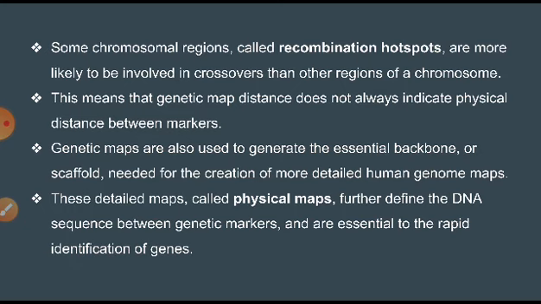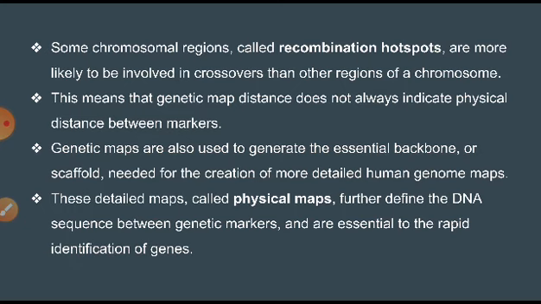Genetic maps are also used to generate the essential backbone or scaffold needed for the creation of a more detailed human genome map. These detailed maps, called physical maps, further define the DNA sequence between genetic markers and are essential to the rapid identification of genes.